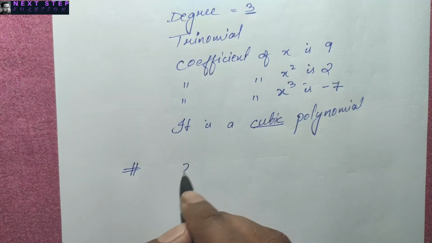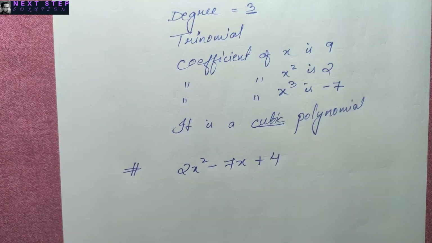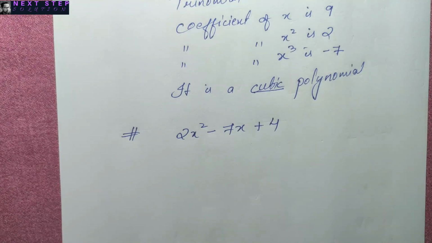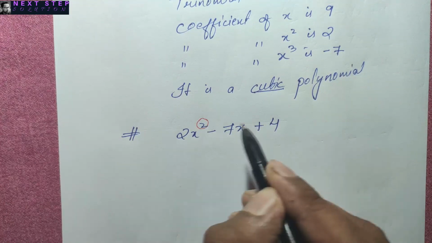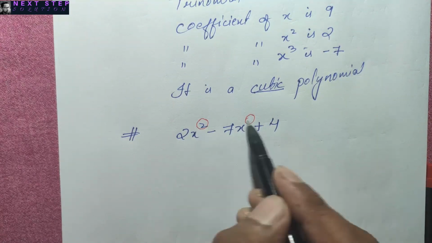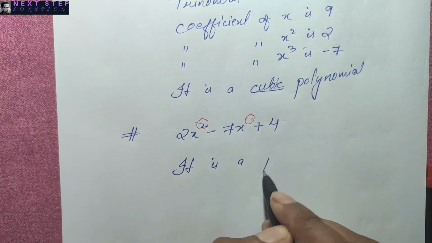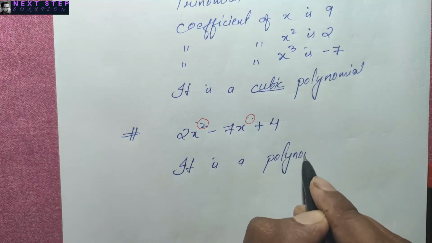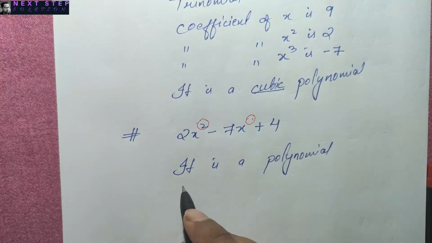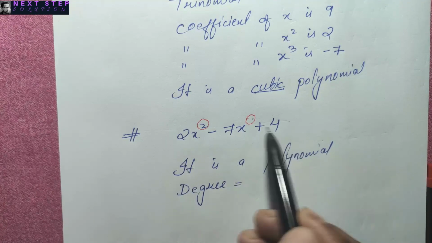Suppose we have 2x square minus 7x plus 4. Now, is it a polynomial or not? To identify, we have to see the powers of the variable. The powers of the variable are 2 and 1. Even if we don't mention, there is 1. So both of these are whole numbers. It is a polynomial. Then what is the degree of this polynomial? Degree means the greatest power. The greatest power here is 2, so degree 2.